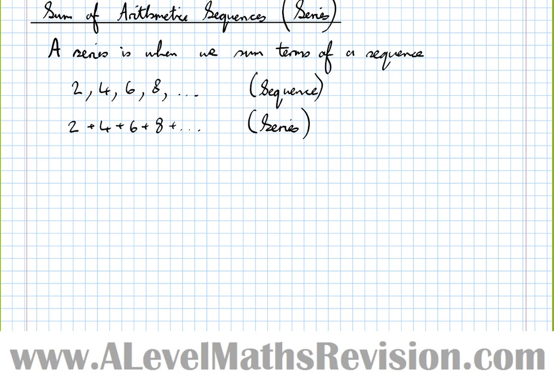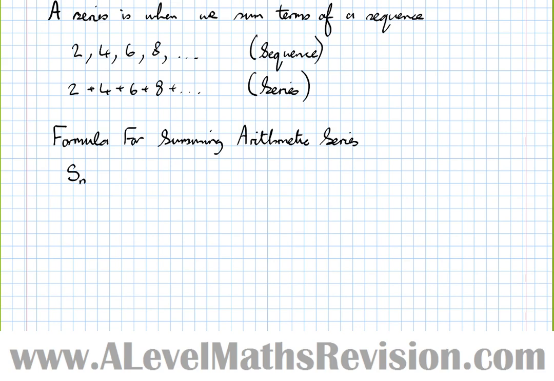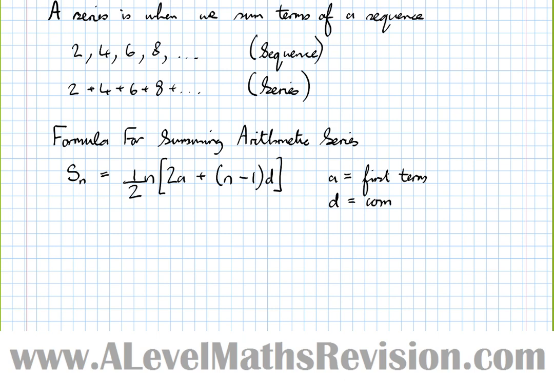And the formula, which you are given on your formula sheet in an exam, formula for summing arithmetic series, and you should remember this, but you don't need to, is S_n equals a half n, (2a plus (n minus 1)d), where a is the first term, d is the common difference between terms, and n is the number of terms being summed.